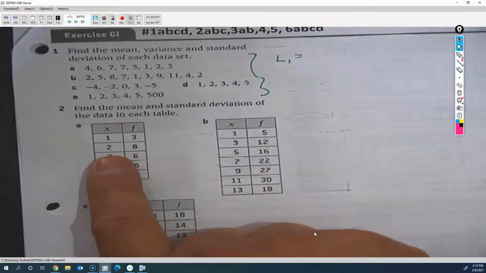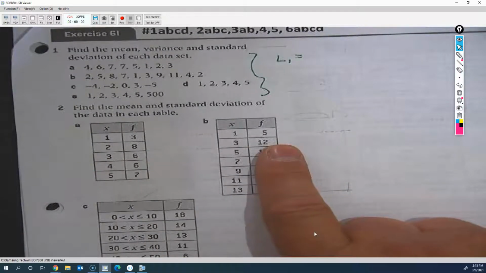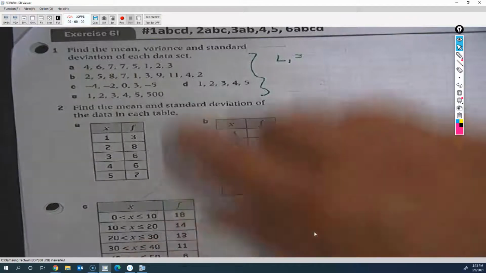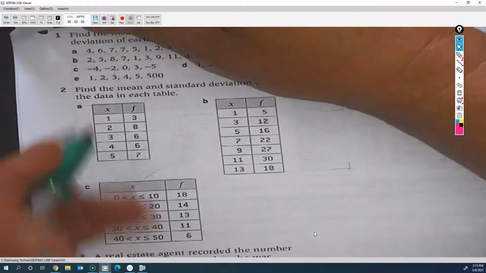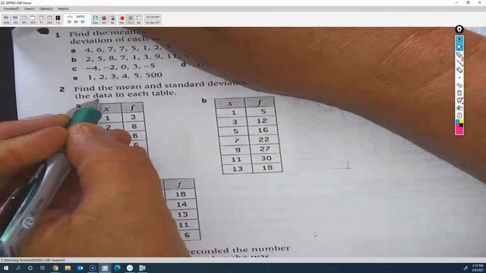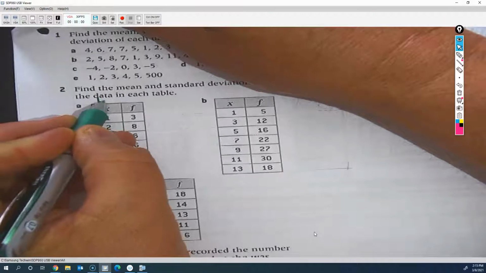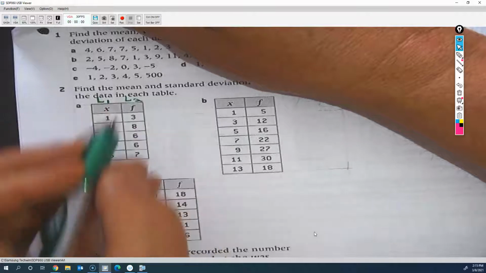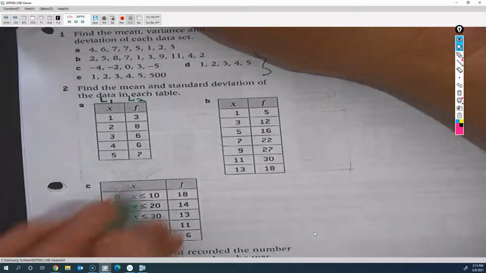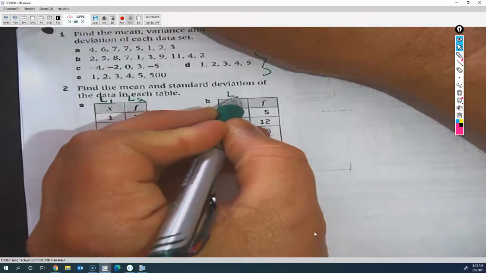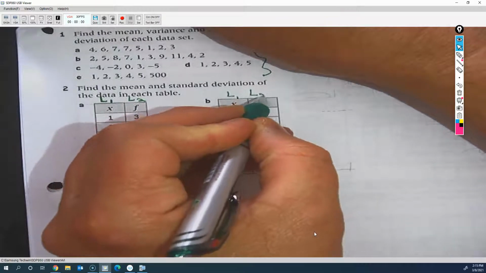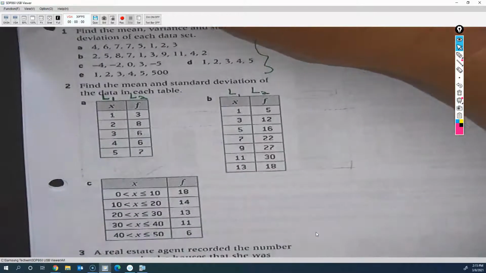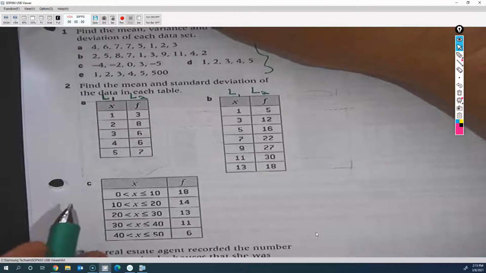Okay, now these are frequency distributions. So when you have a frequency distribution, list 1 is the values and list 2 now is the frequency. So to calculate the standard deviations for these, you're going to be using 2 lists. Okay?